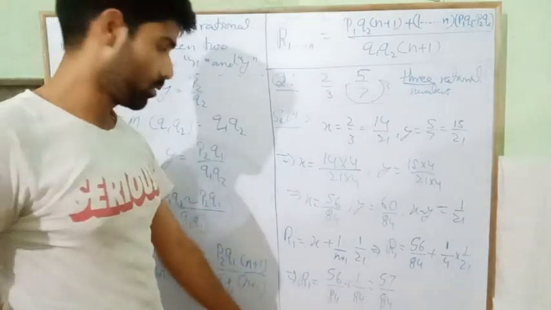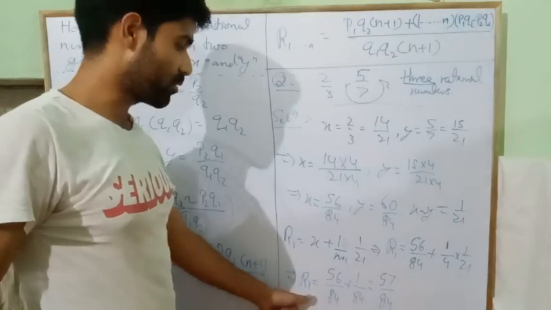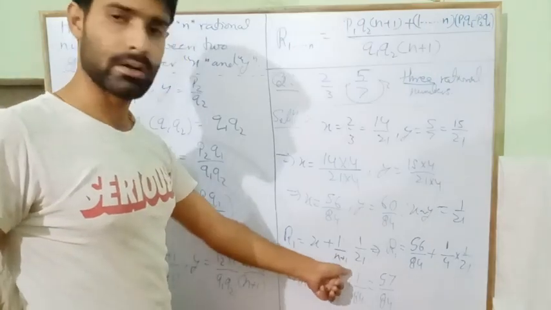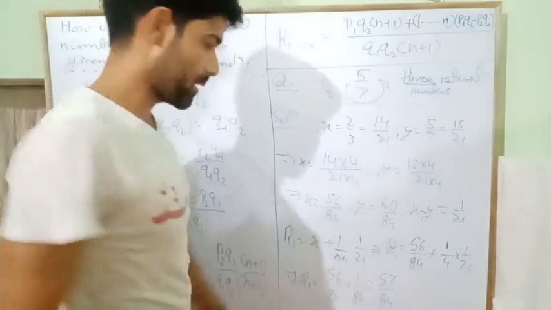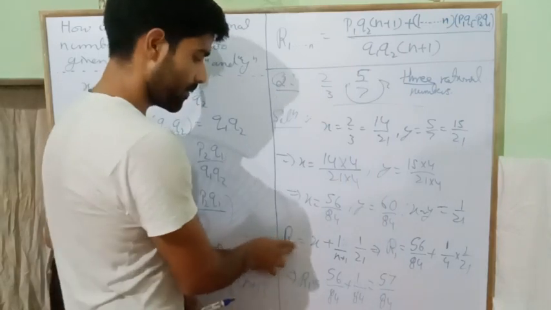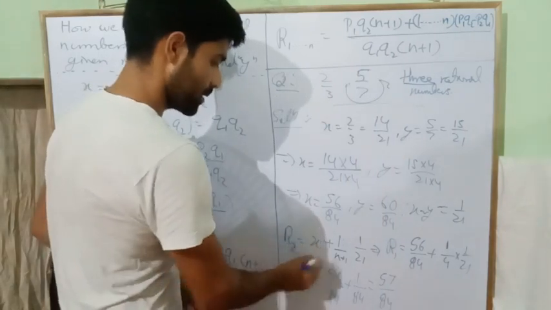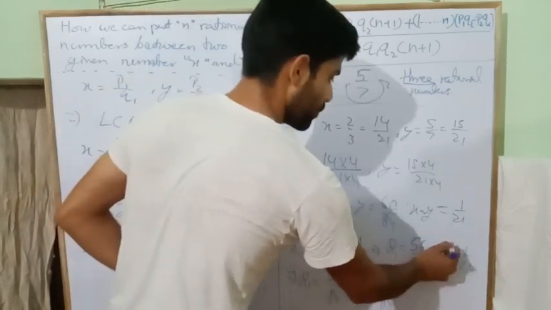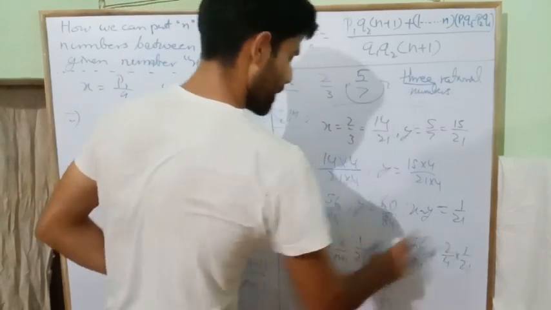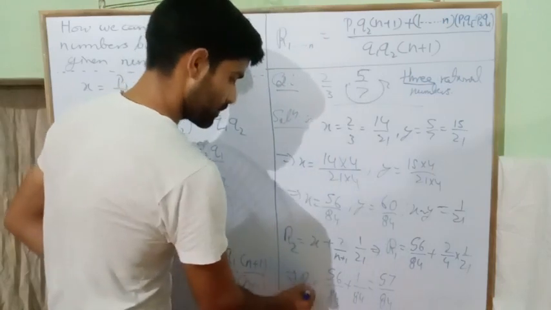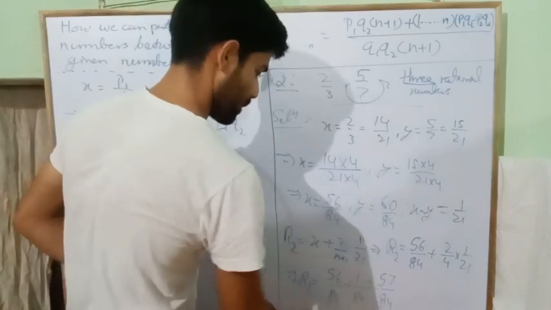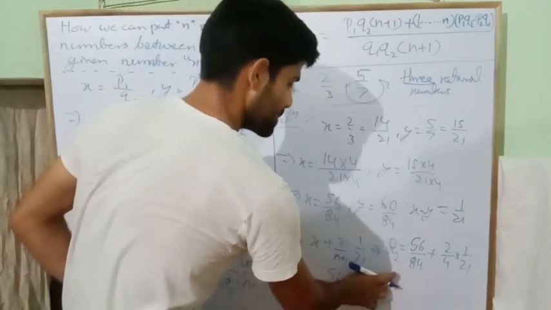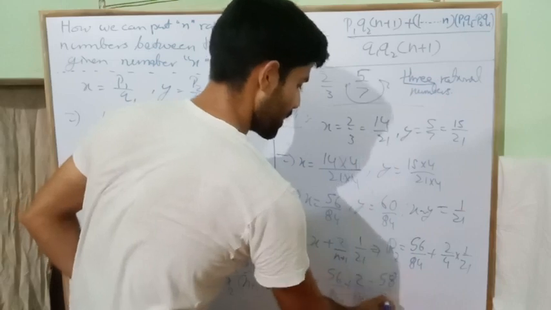Now for the next rational number we write 2 by n plus 1. To find R2 we write 2 by 4 into 1 by 21, which is converted into 2 by 84, and this gives 58 by 84.